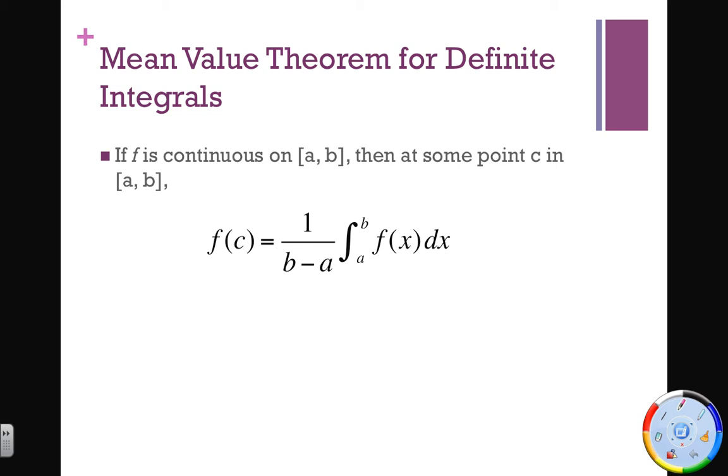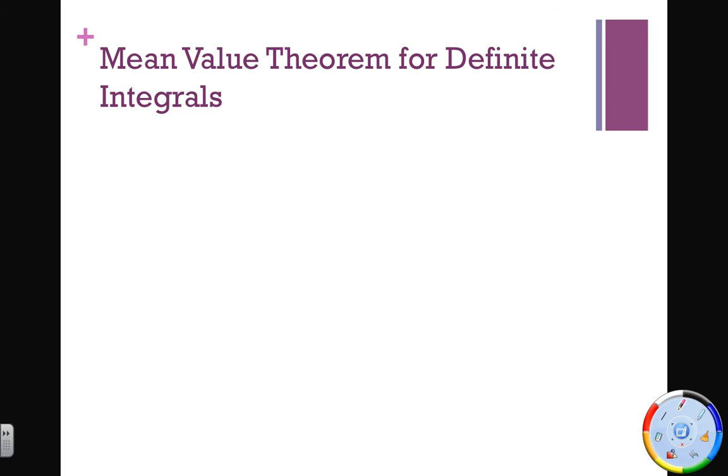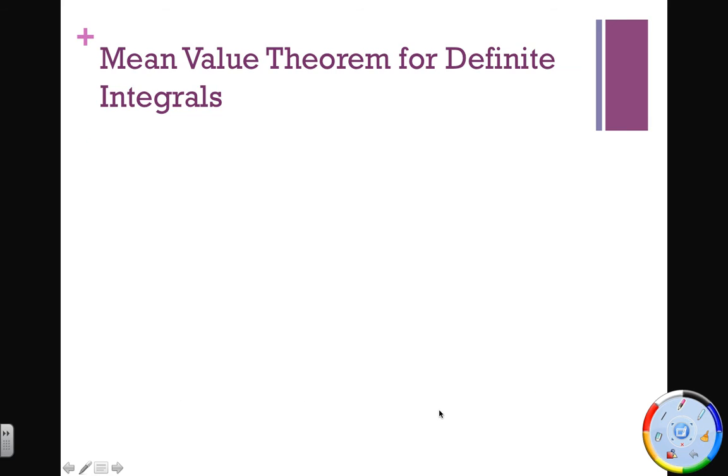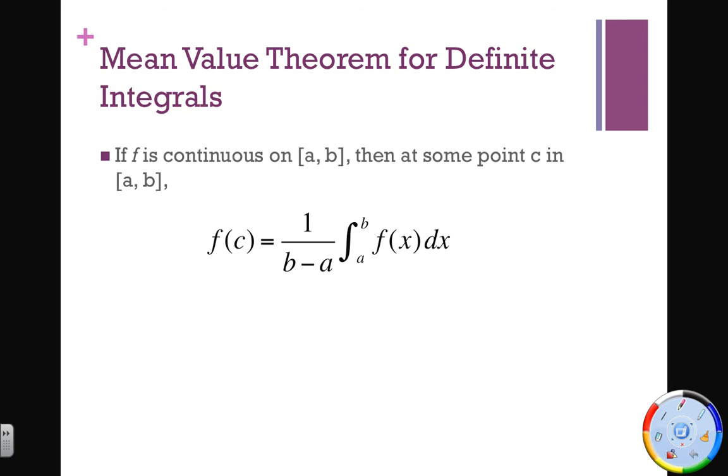It's exactly like the question we just said. We just went about it the other direction. So back here, I could have said, does f of x actually take on this value at some point in time? You could have automatically said yes if you'd known this theorem. Because this theorem states that it has to have happened.